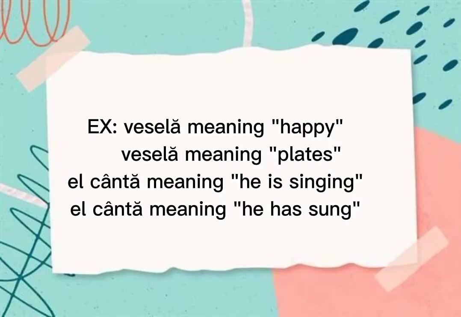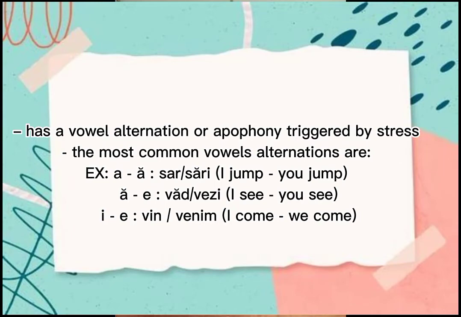For example, veselă, meaning happy, veselă, meaning plates, el cântă, which is the indicative present and means he is singing, el cântă, which is the indicative simple perfect and means he has sung.